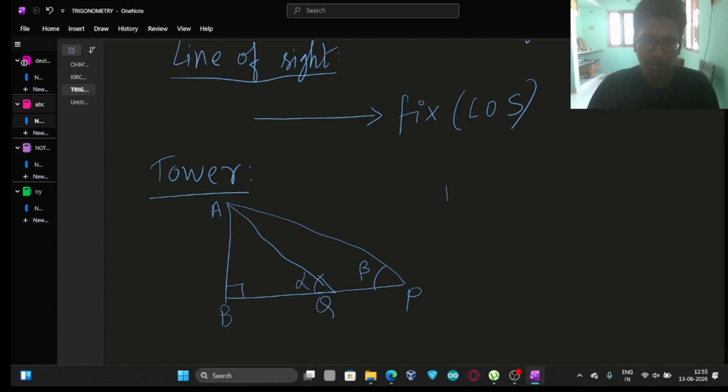Let PQ be a. Let the angle of elevation of the top A of the tower as seen from P be alpha, and as seen from Q be beta.